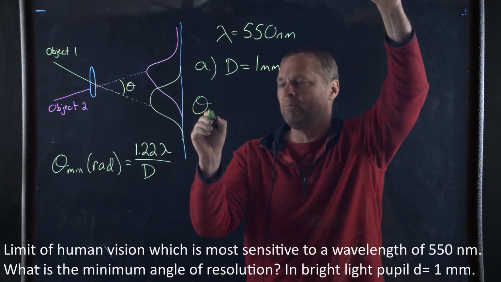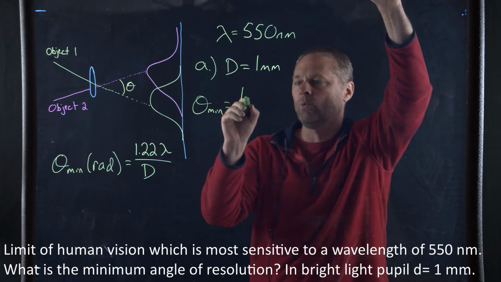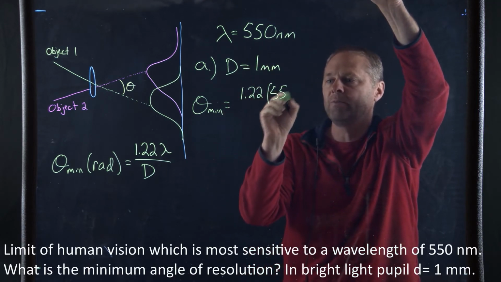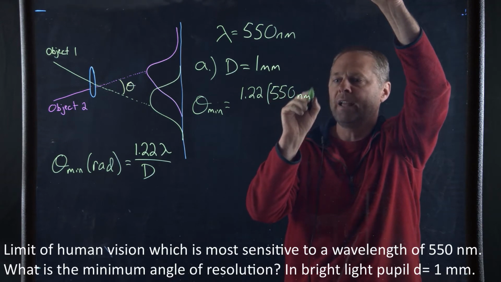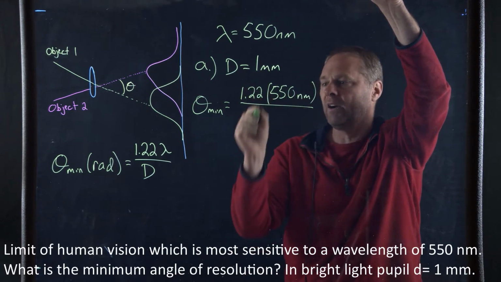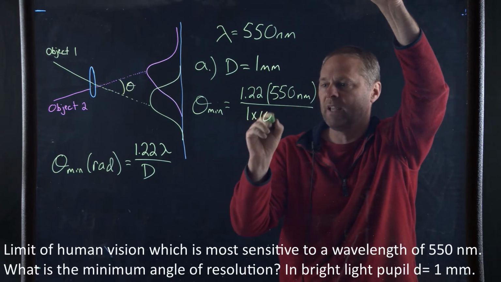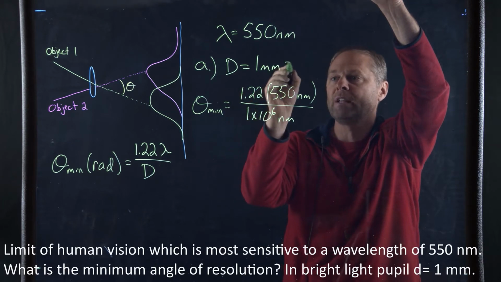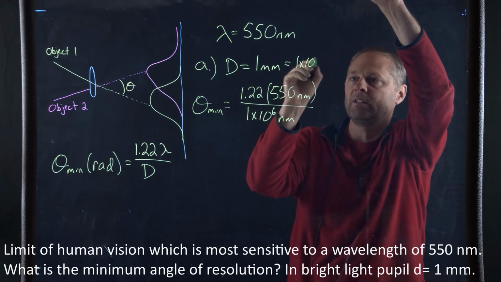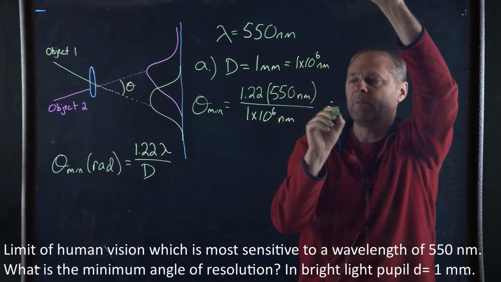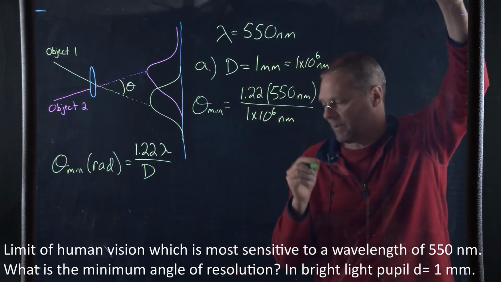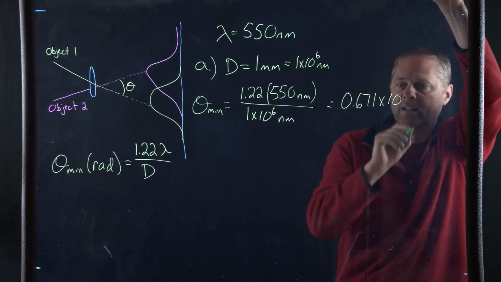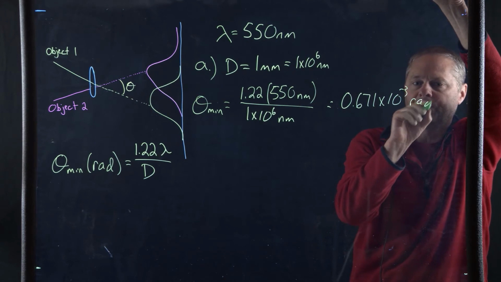And so theta min is equal to 1.22 times the wavelength, which is 550 nanometers, divided by our diameter, which is 1 times 10 to the 6th nanometers. I simply converted the millimeters into nanometers. Now remember, this is going to be in radians, and that's going to be equal to 0.671 times 10 to the minus 3 radians.